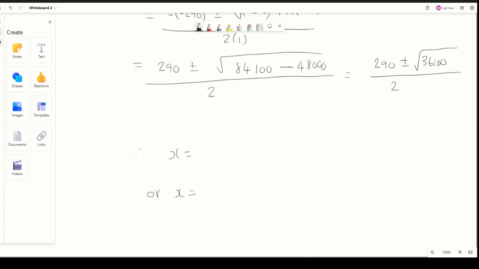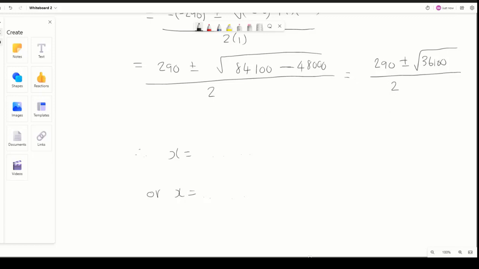Okay, I managed to get hold of the calculator. The square root of 36,100, I'm getting 190. Good. So 190 plus 290, I'm taking the positive part, is 480.